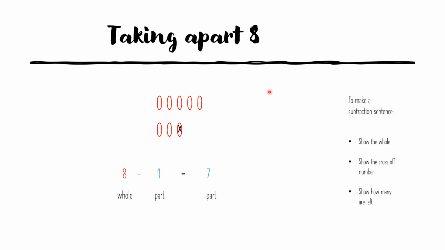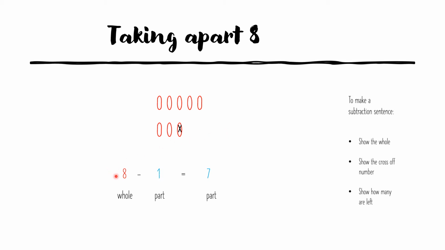Kindergarten, now that we've completed our number bond, we're ready to make an equation. Remember, an equation is a fancy word for number sentence. When we create a subtraction number sentence, we want to make sure that we show the whole, we show the cross-off number, and we show how many are left. So when we show the whole, we know that altogether we had how many circles, kindergarten?